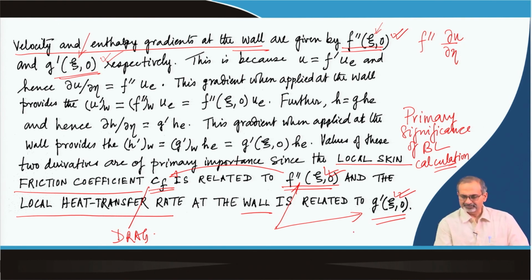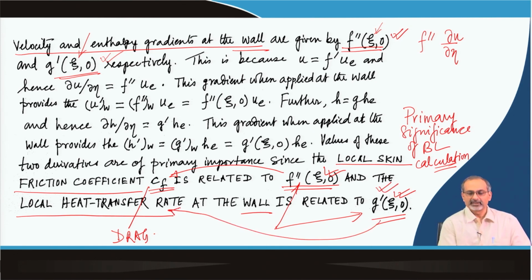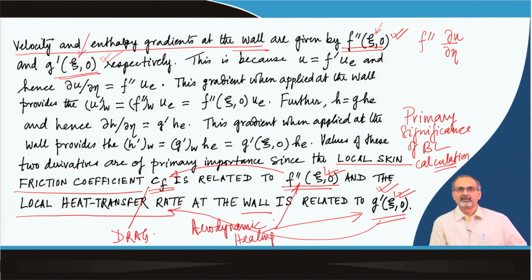The other one, the G dash, is connected with the local heat transfer rate, and therefore, that will decide the aerodynamic heating that the vehicle will encounter. To begin with, the flat plate will encounter it, because we will start with a simpler geometry, though we have not addressed the flat plate problem yet specifically, but we are trying to take it forward towards that.